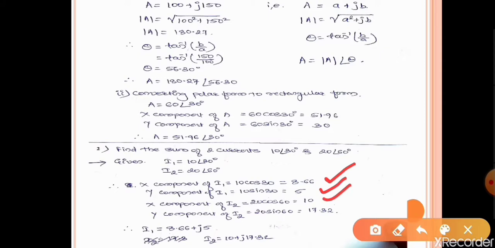Then y component of I2 equal to 20 sin 60, that is equal to 17.32. Therefore I1 equal to 8.66 plus j5, and I2 equal to 10 plus j17.32.